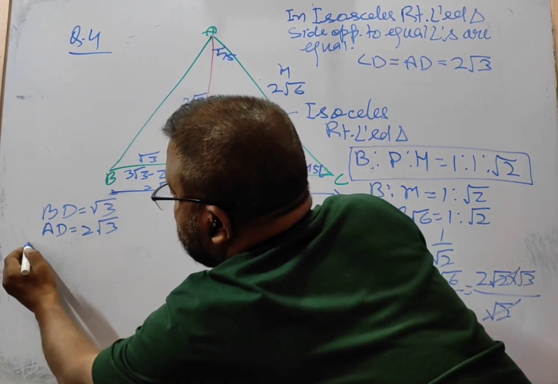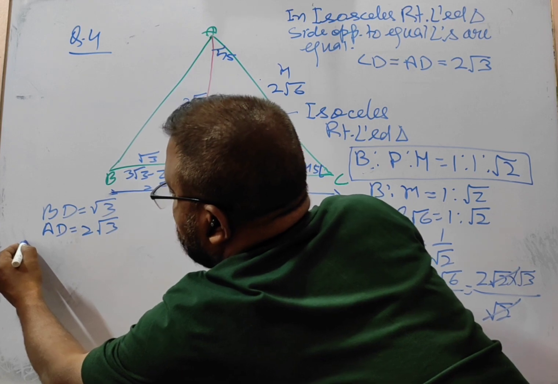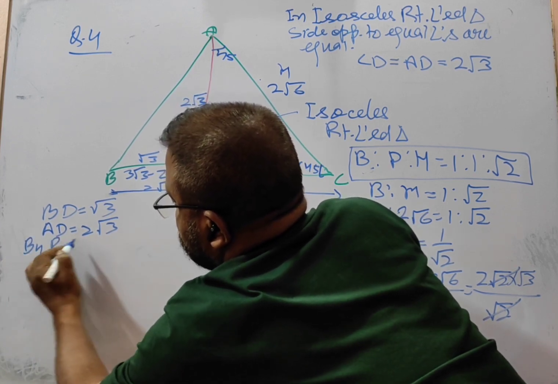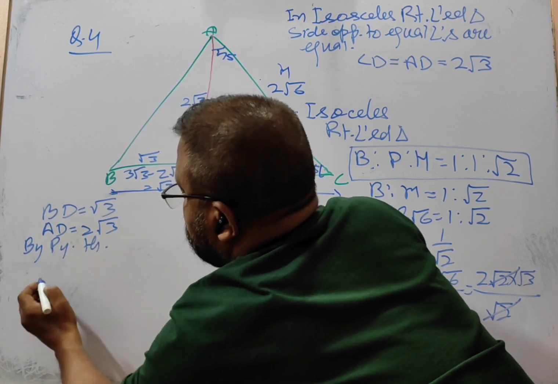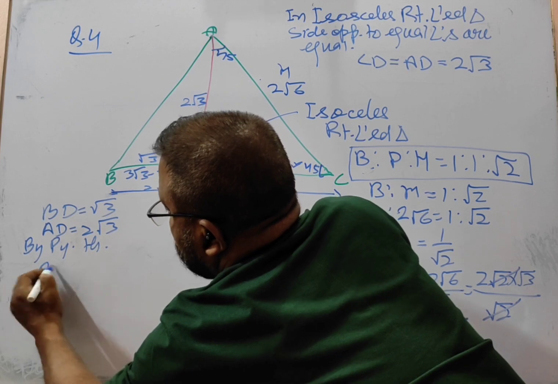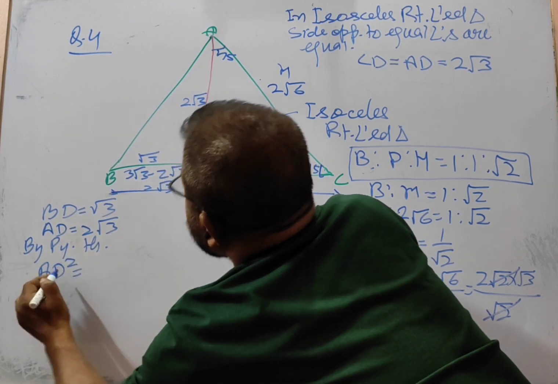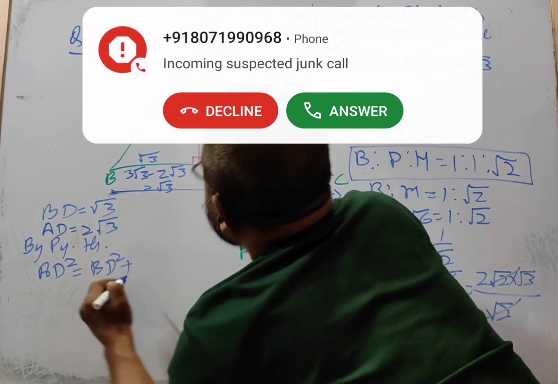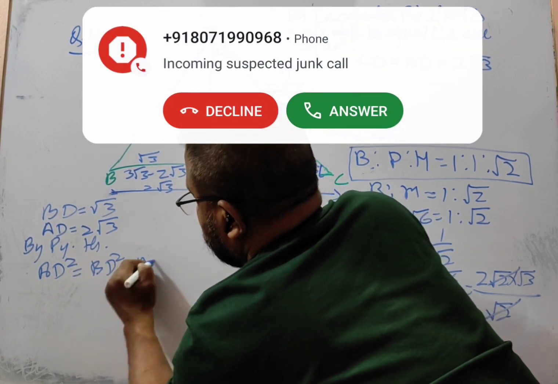Now by applying the Pythagoras theorem, AB square is equal to BD square plus AD square.